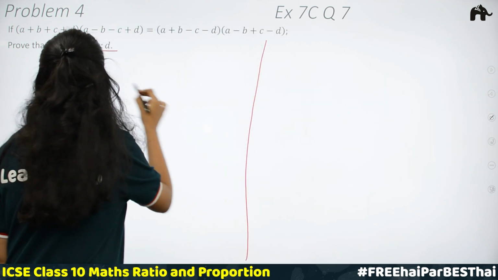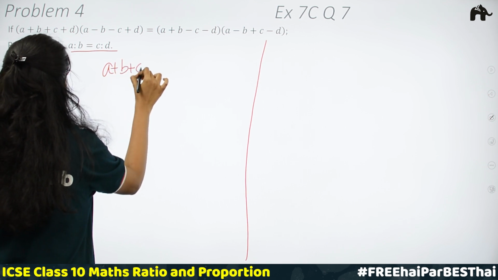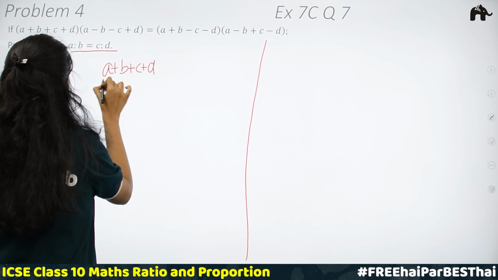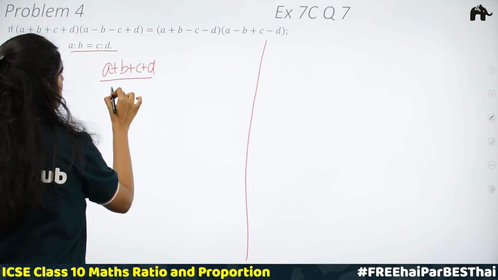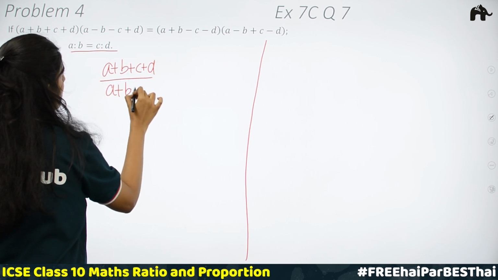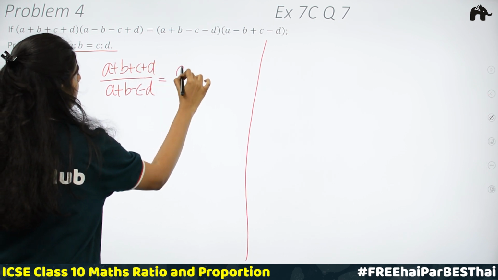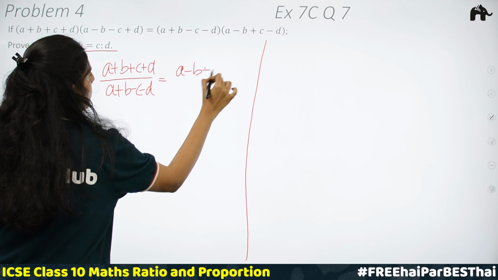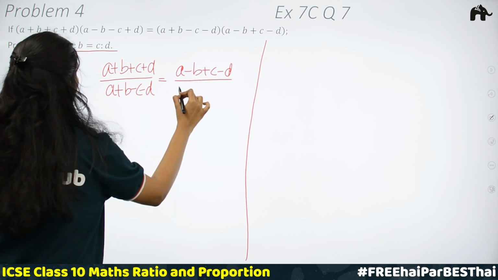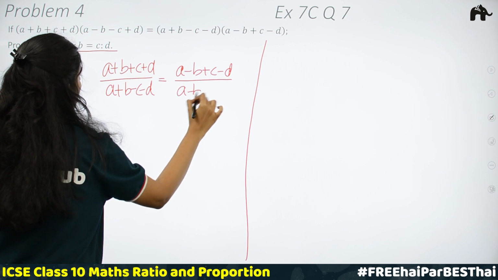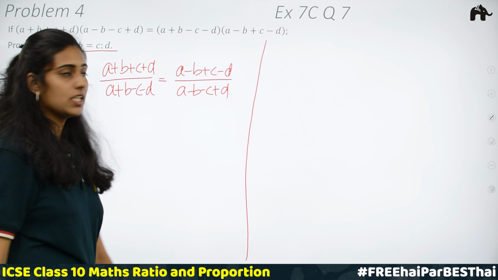Now this can be written as a plus b plus c plus d divided by, I am taking this to the opposite side, it becomes division, a plus b minus c minus d is equal to, here already we have a minus b plus c minus d divided by a minus b minus c plus d. I am taking this to the opposite side, it becomes division.